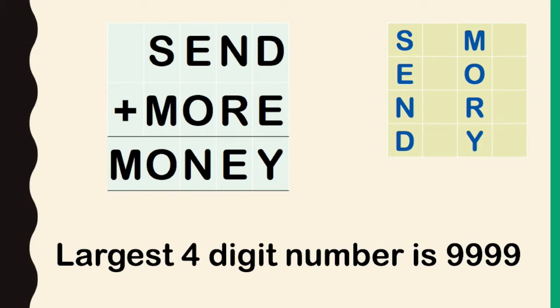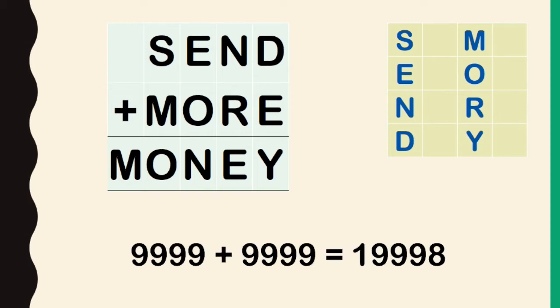So send cannot be greater than 9999 and more cannot be greater than 9999. And we know 9999 plus 9999 is 19998. So money cannot be greater than this number 19998.